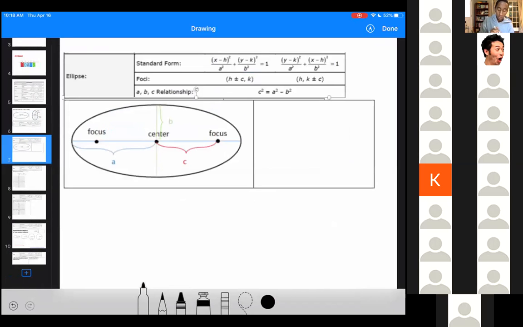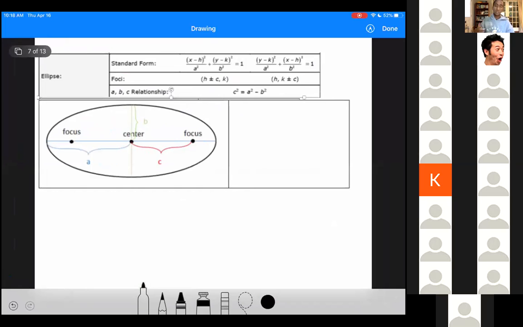Okay, so what is the C? So we talked about the focus and how the way you draw an ellipse is you can put 2 foci and a rubber band. Then you take that rubber band with your pencil, go all the way around, and it creates an ellipse, right?